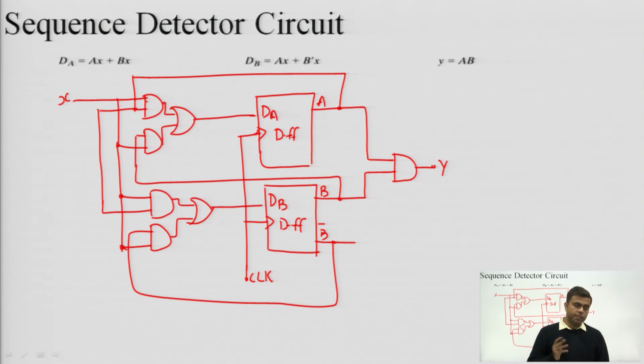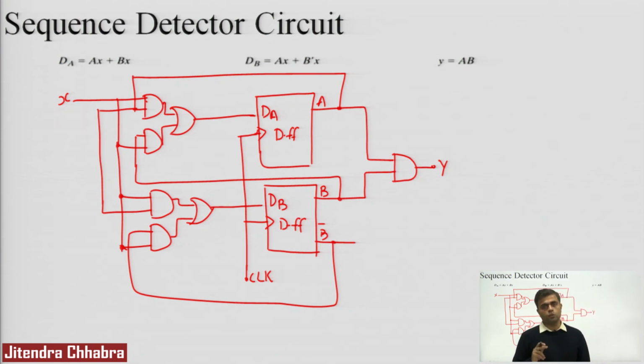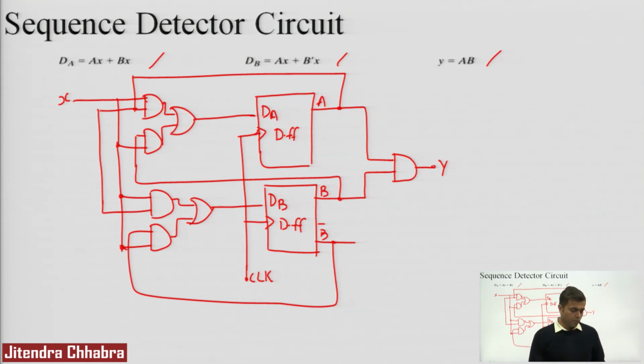The state table was converted into minterm expressions, which were fed into K-maps. The K-maps were solved to find the expressions, and finally these expressions were converted into a circuit. So this is the design of a circuit from the given word description.